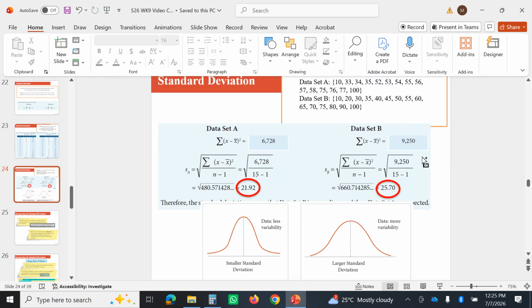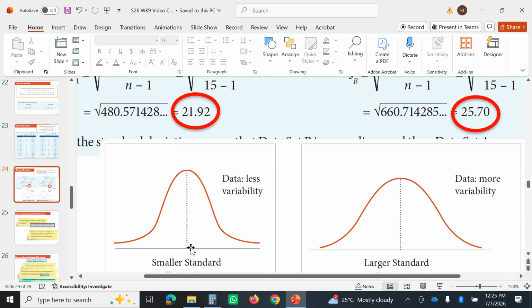And then you see this one here, we do the calculation, and this one has a standard deviation of 25.7. Wait a second, this one had a standard deviation of 21. Right? So the mean was the same, 55, but the distance between the mean and the first standard deviation is 22. And the next distance between the first and second standard deviation is also 22. So for this data set, the standard deviation is 22.